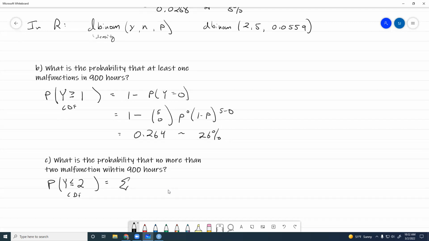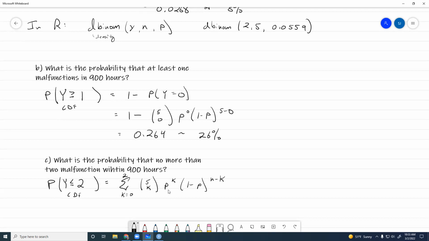So we'll be summing k equal to 0 up to 2 of 5 choose k, p to the k, 1 minus p to the n minus k.